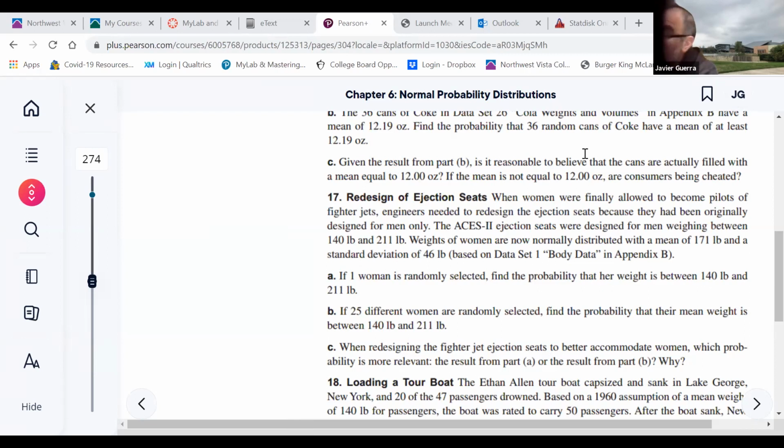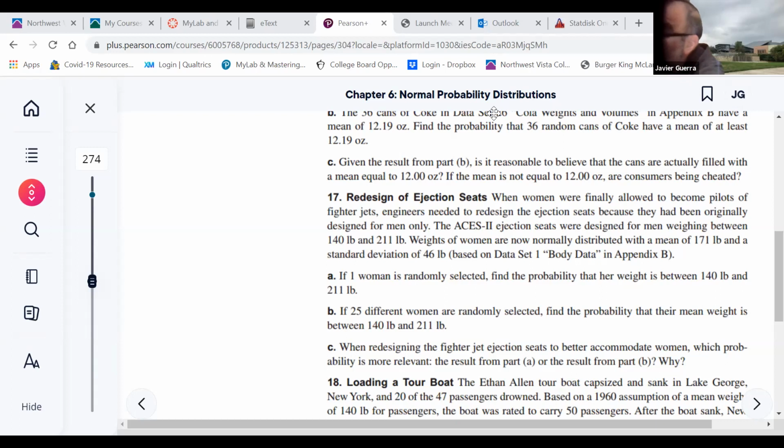All right. Letter A. If one woman is randomly selected, find the probability that her weight is between 140 and 211. Is this a multiple or is this a one sample problem? It's a one sample. Bam, very good.